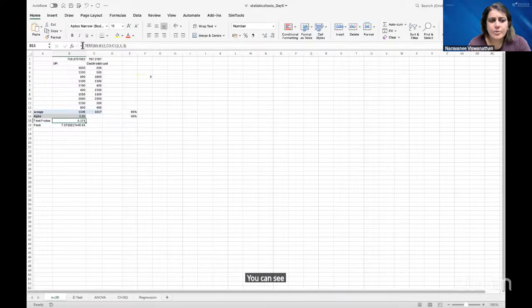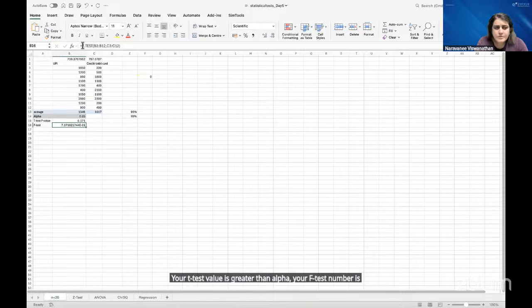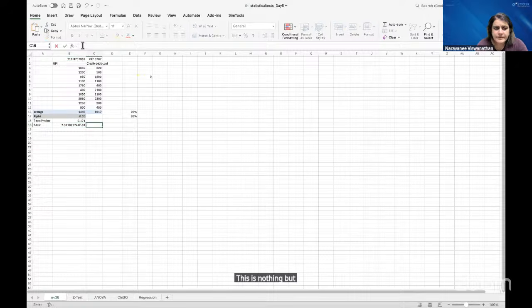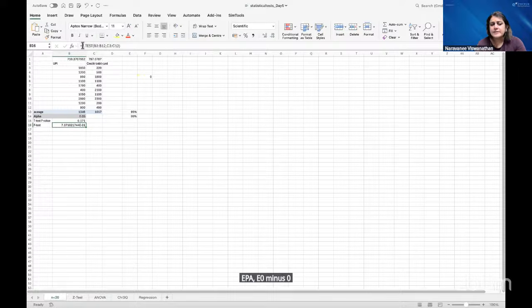You can see now your t-test value is greater than alpha, your F-test number also is greater than alpha. Can you see that? This is nothing but 0.7. E0 minus 0.1 basically means this is 0.7, which is greater than 0.05.